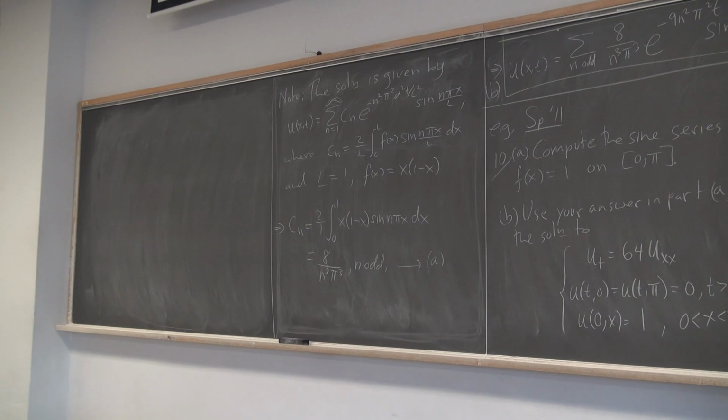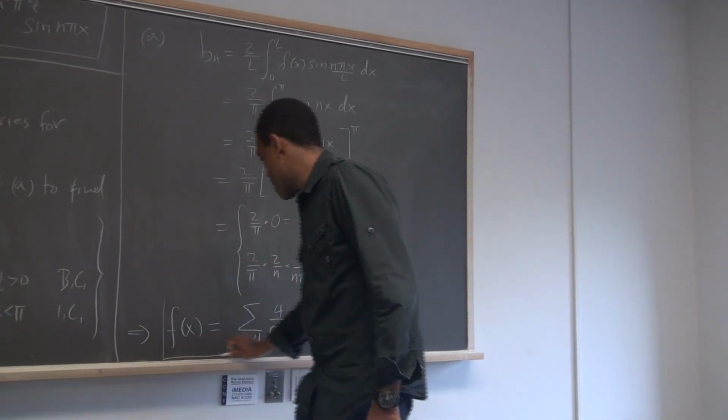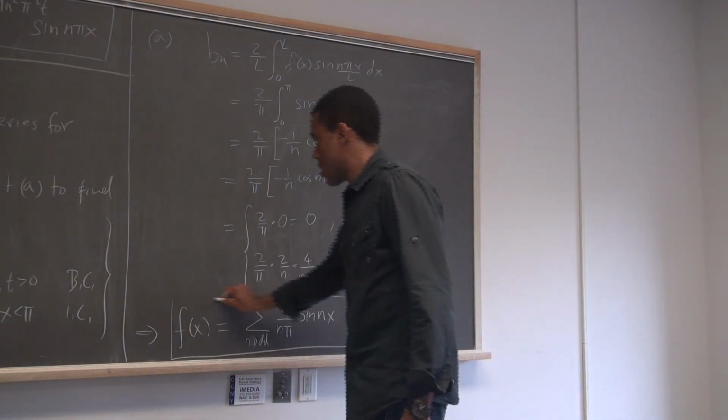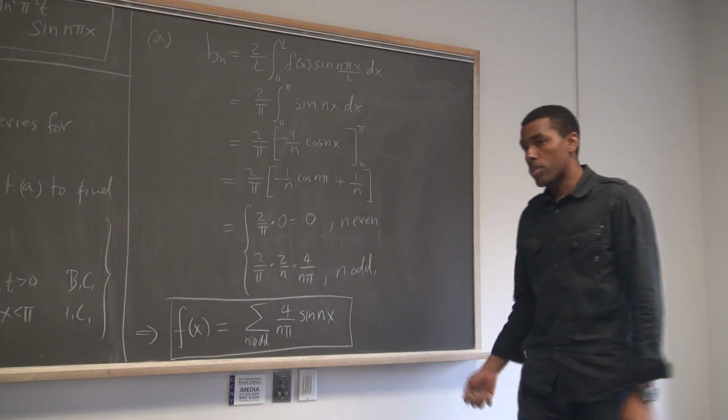So n goes from 1, but it's only odd n, so I'll put n odd, of the coefficient 4 over n pi times sine of n pi x over L, but my L is pi. That's the whole answer. That would be the odd Fourier series for f of x.